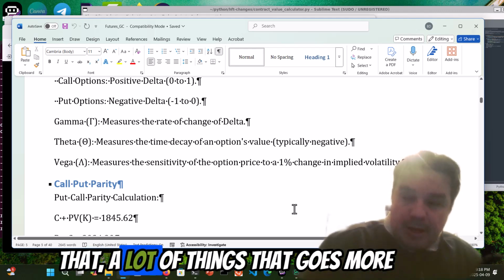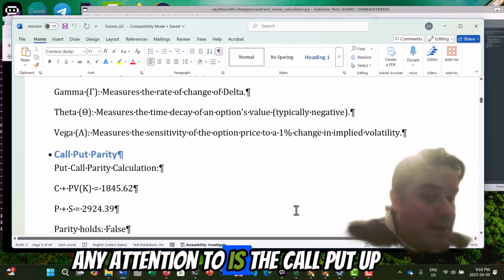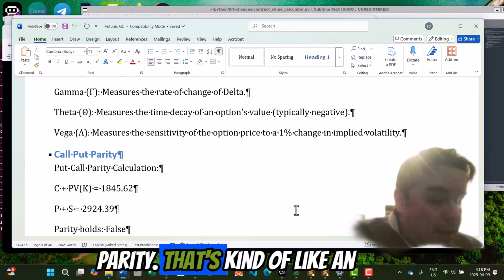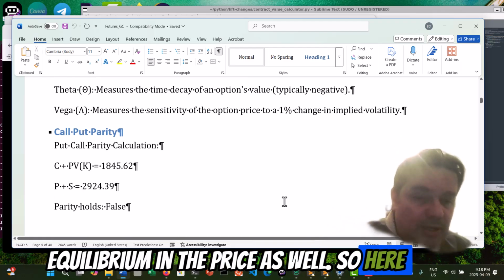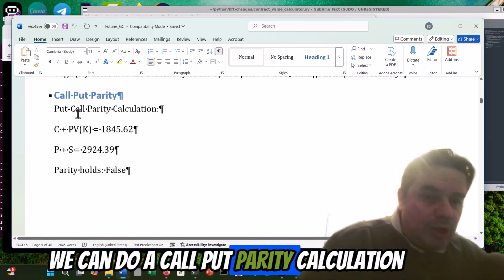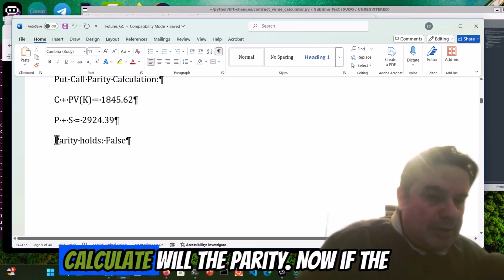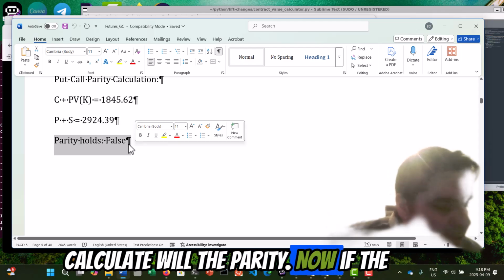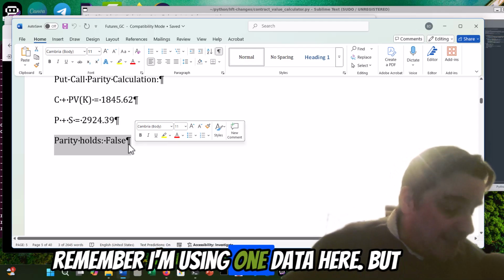A lot of things that go more fundamental that people will not pay any attention to is the call put parity. That's kind of like an equilibrium in the price as well. So here we can do a call put parity calculation using these formulas where we can calculate will the parity hold. Now, if the parity holds, and there's a chart here, remember I'm using wrong data here.